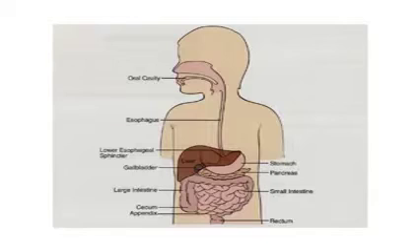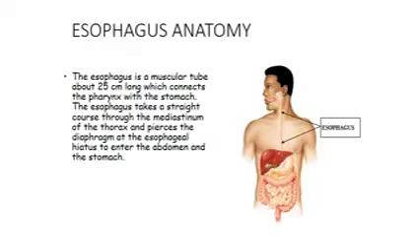As you know, the gastrointestinal tract starts from the oral cavity down to the pharynx, esophagus, stomach, small and large bowel, associated also with the liver and the pancreas organs. The esophagus is a muscular tube.